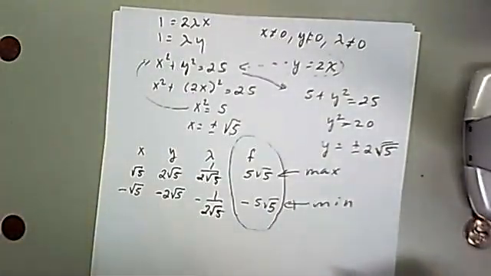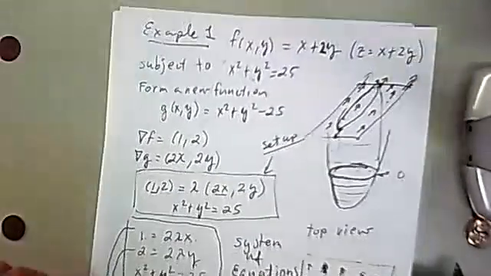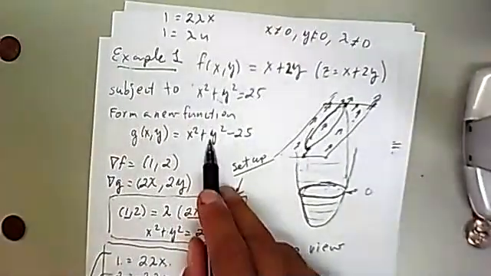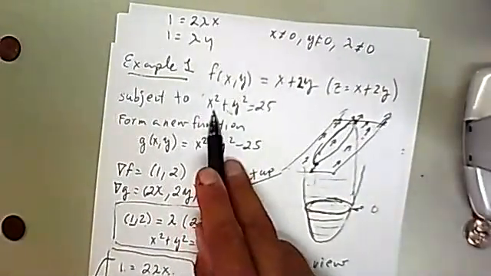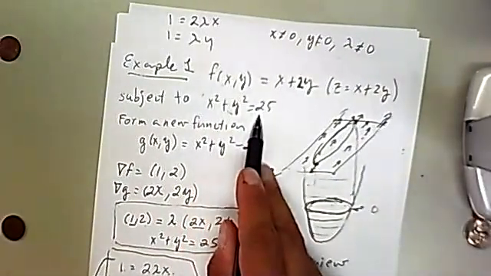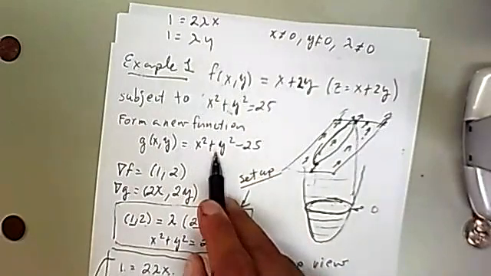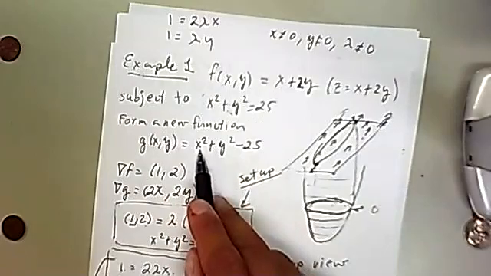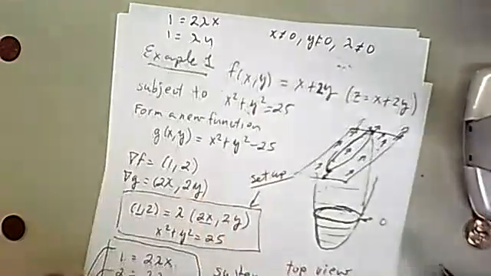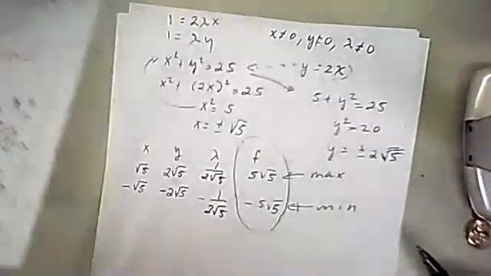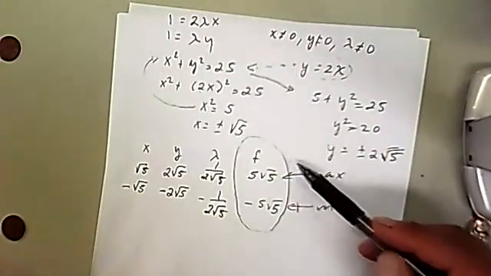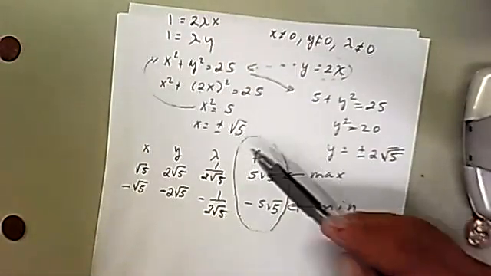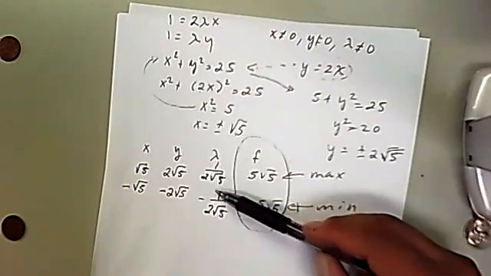Back here, we didn't know. I told you you could have done x squared plus y squared minus 25, or you could have done 25 minus x squared minus y squared. You could do that. The only difference with that is that the lambdas, I think, will be different.